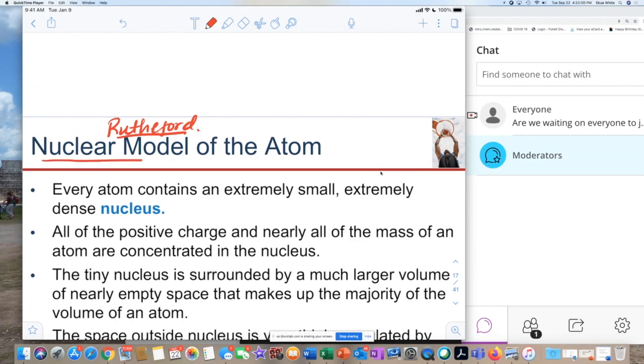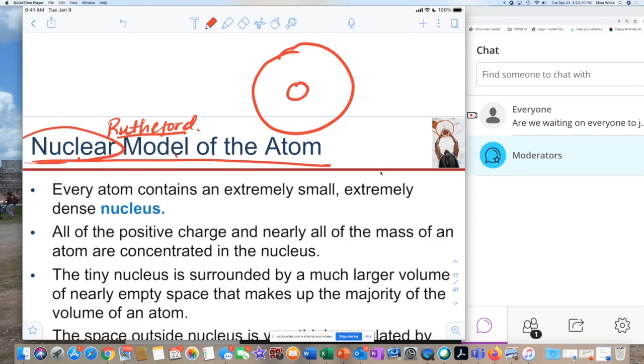He comes up with his own model, the nuclear model of the atom. In the nuclear model of the atom, now he's saying, as the name communicates, there is a nucleus. Up until this point, scientists never knew there was a nucleus. According to Rutherford's experiment, he finds out there is a nucleus.